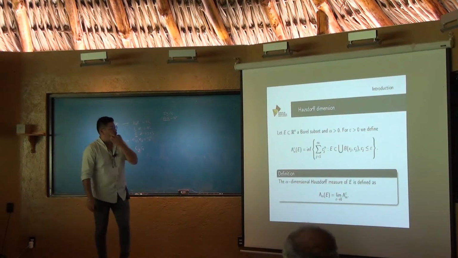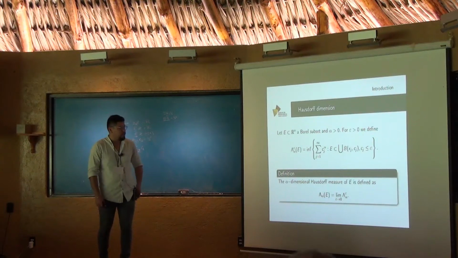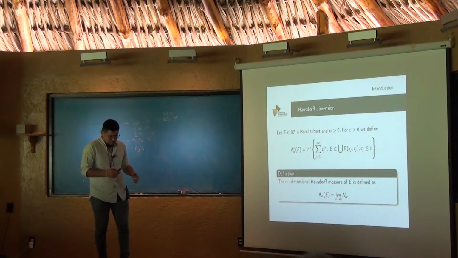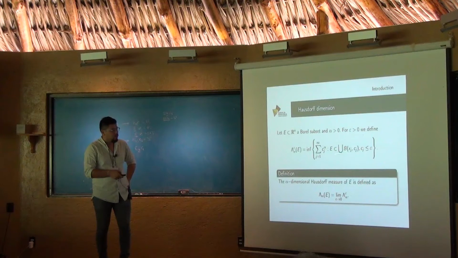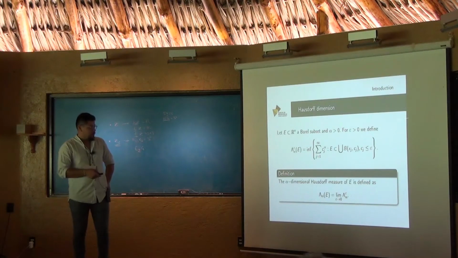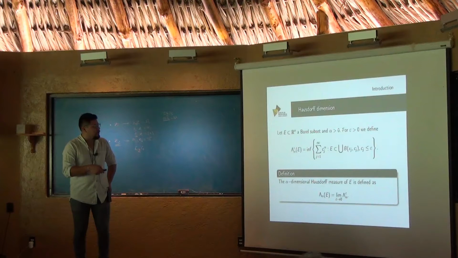For an epsilon, a positive number, for every cover of balls of the set, we can define a number that is the sum of all the radii of the balls of the cover raised to that power. If we take the infimum over all the countable coverings, we obtain this number.